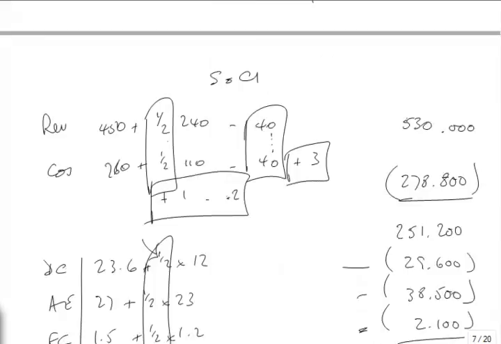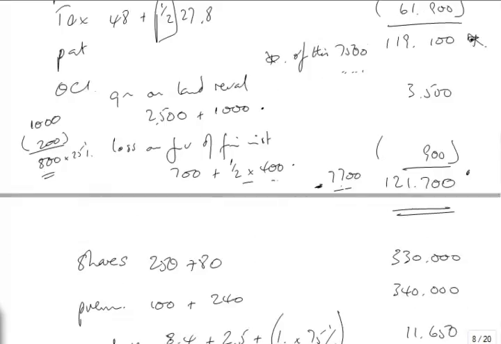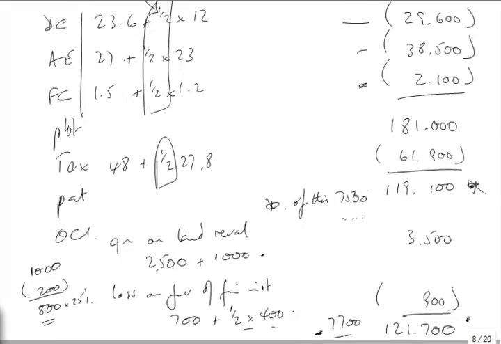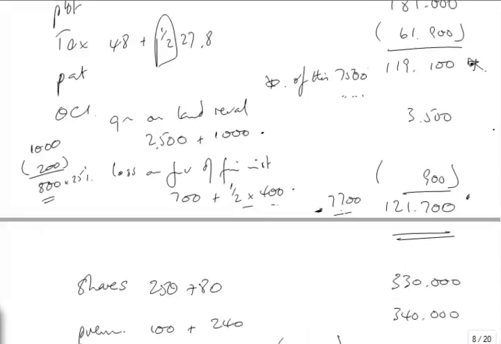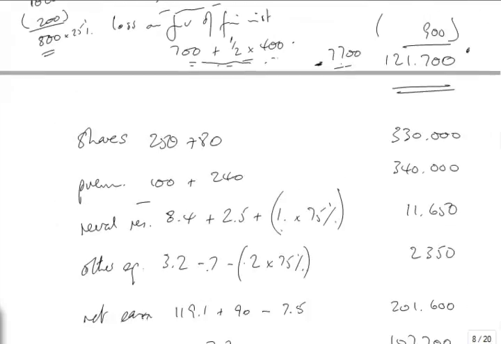That's where they are. That's why your workings have to be neat and logical and sensible and understandable, clear. So that's why I write these things out. That's why I write 100 plus 240, 8.4 plus 2.5 plus 1 times 7.75%. That's why I do it.